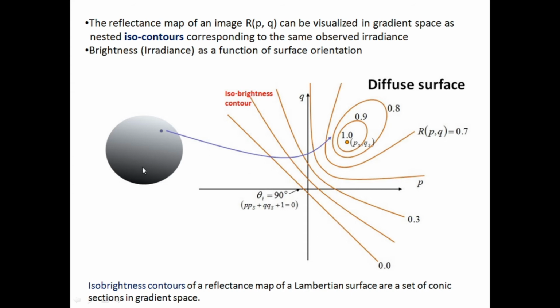So depending on the brightness, the surface orientation, and also from where the illumination is coming, I am going to get different iso-contours. These iso-contours are the result of the brightness values that are being imaged.